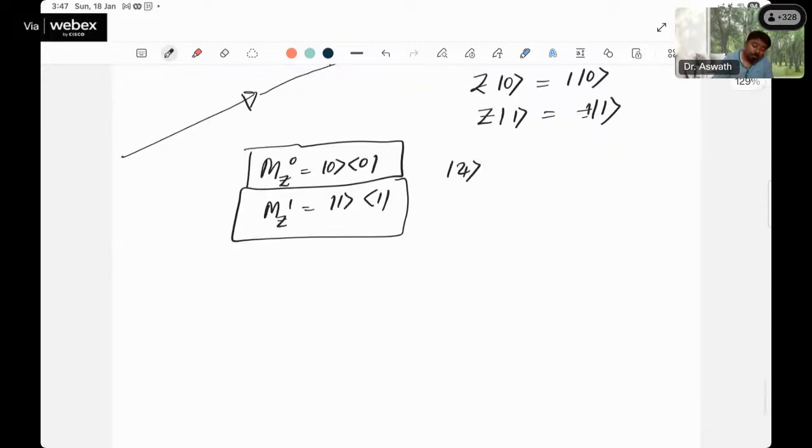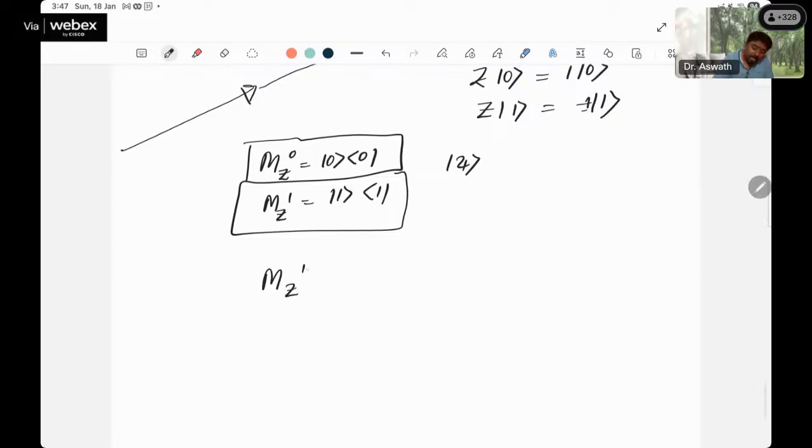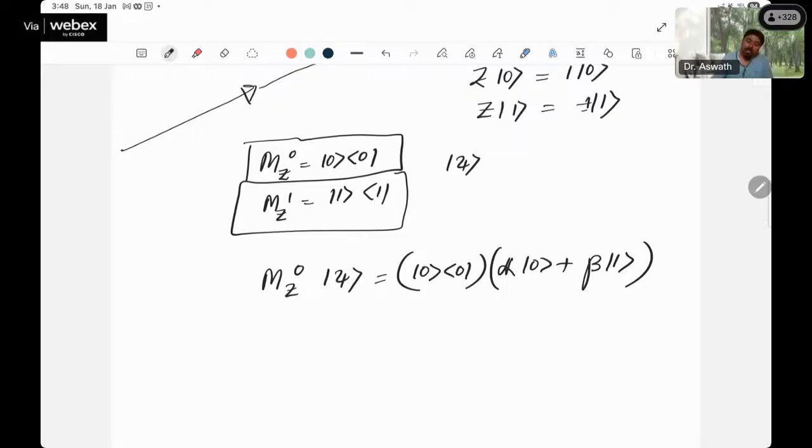When I take Mz0 and act on the quantum state psi, which is alpha 0 plus beta 1, this is a measurement operation.